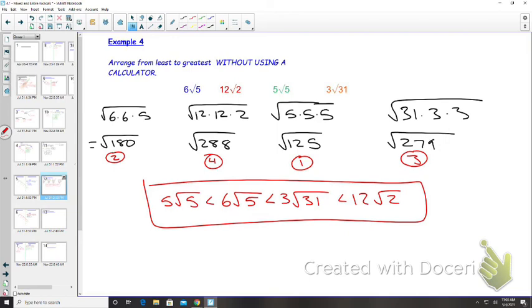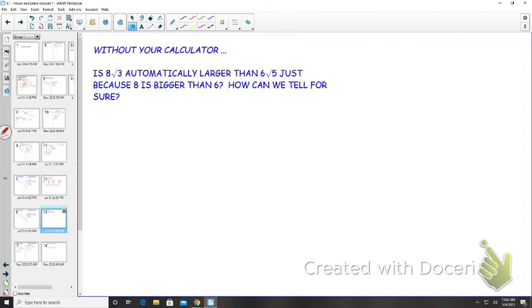But yeah, you might see this question on a unit test or something. Okay, so without your calculator, is 8 root 3 automatically larger than 6 root 5, just because 8 is bigger than 6?